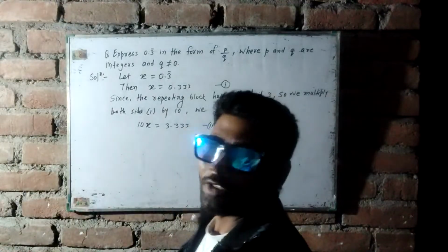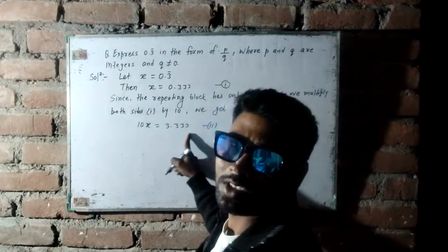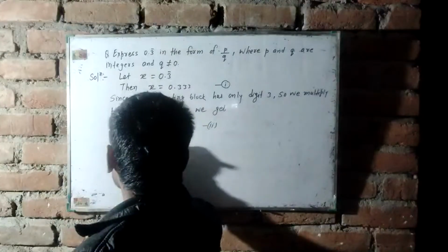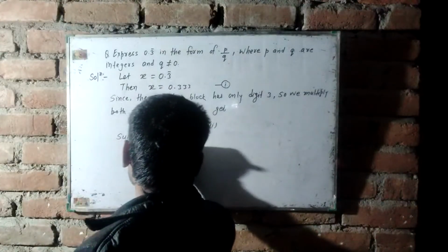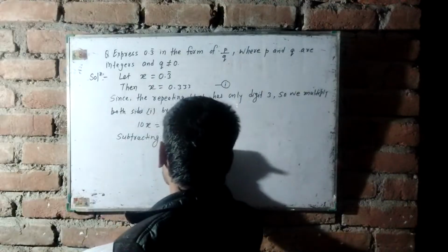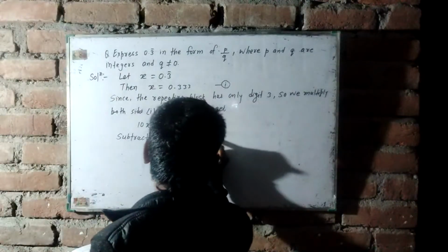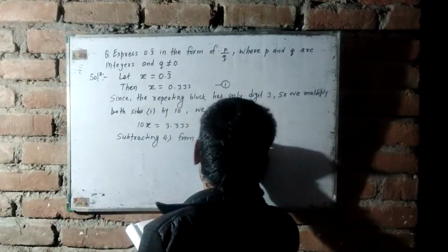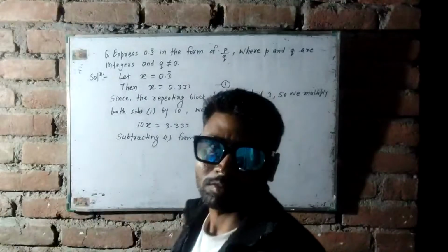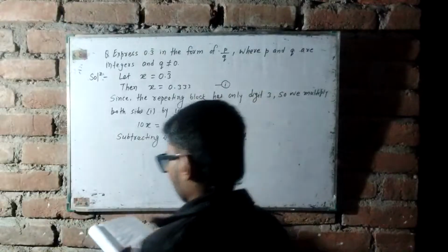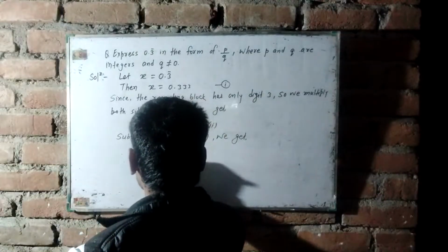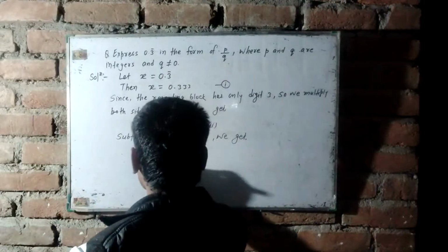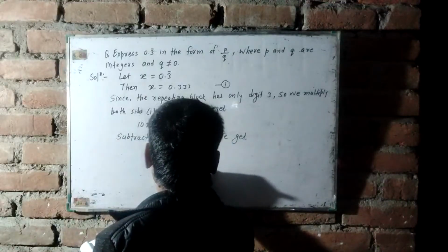Now subtracting equation first from equation second we get, equation second 10x is equal to 3.333 and equation first x is equal to 0.333.